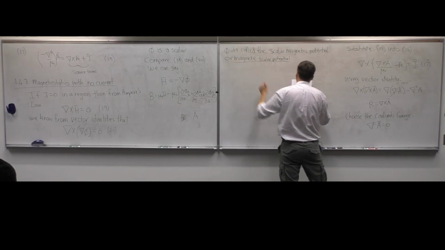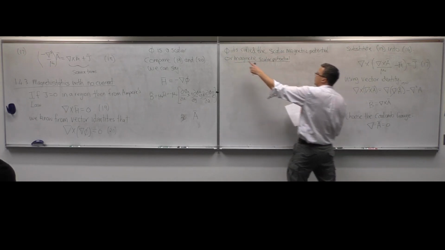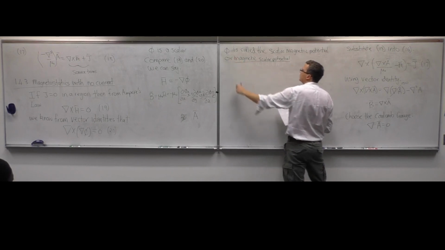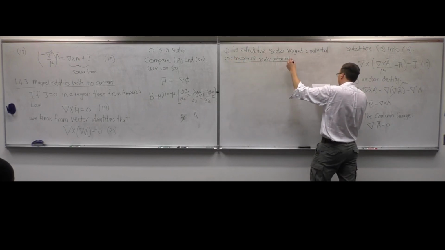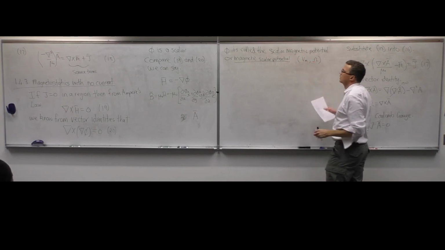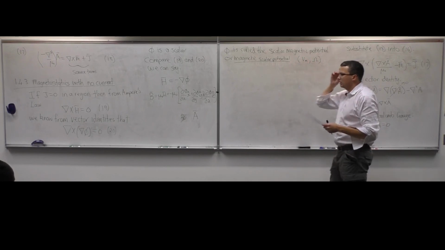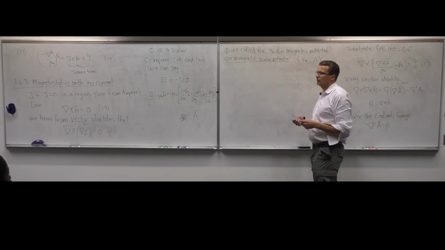I'll use that term. And it's not always, that variable is not always used, phi. Sometimes Vm is used, or omega is used for the magnetic scalar potential. It's not like B for magnetic flux density, which is always used.